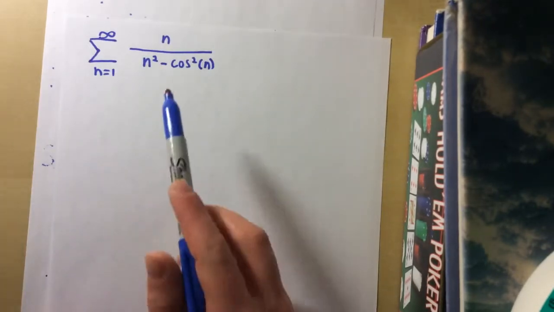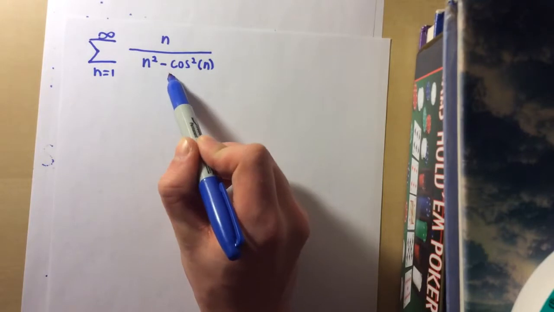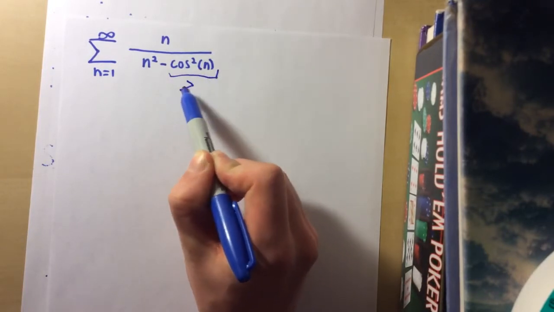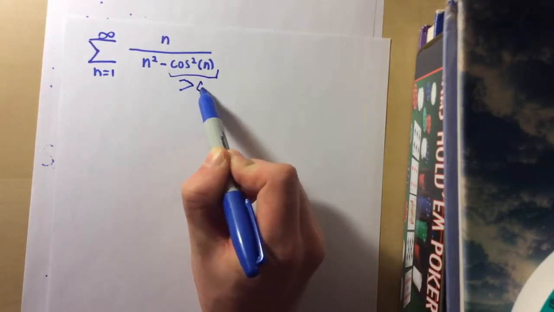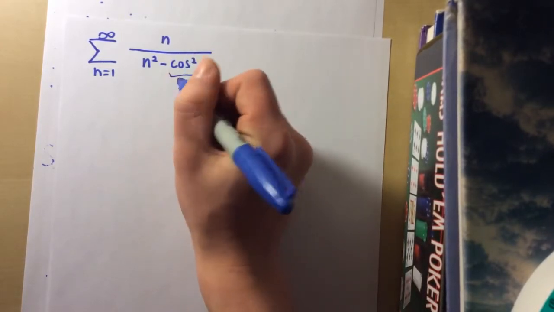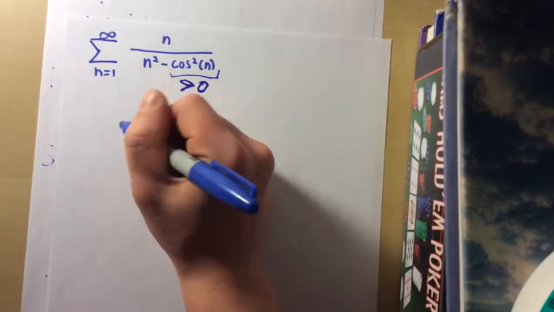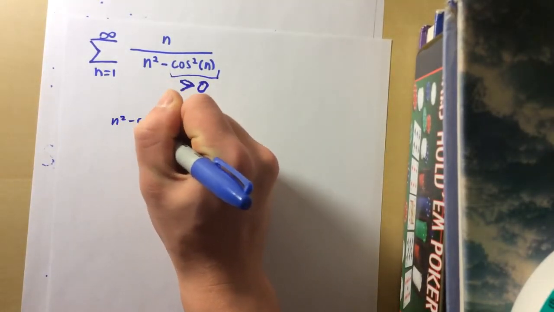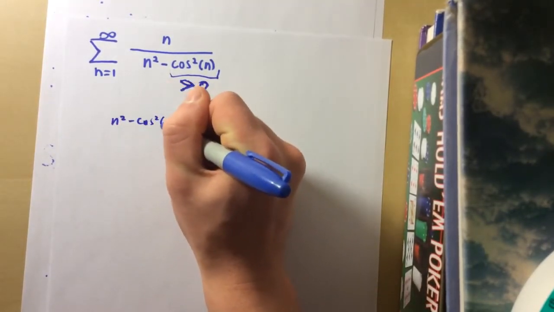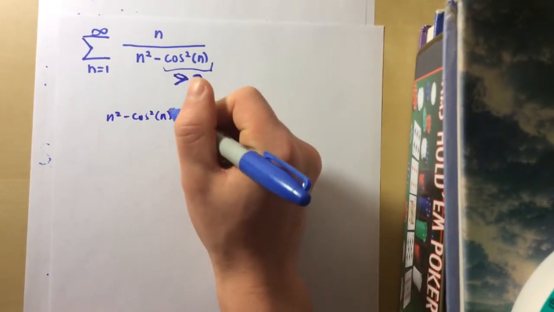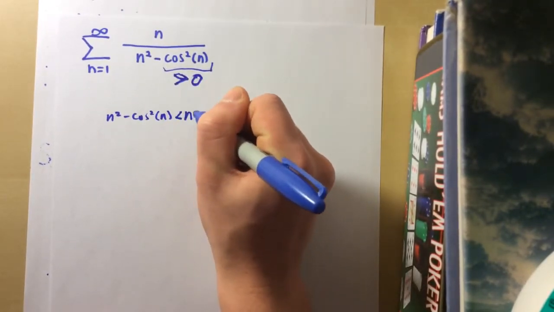So what this tells us is that since this value is greater than 0, well then, n squared minus cosine squared of n is going to be less than n squared.